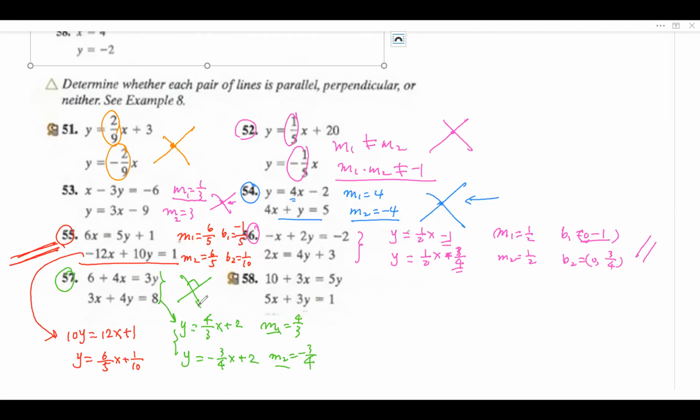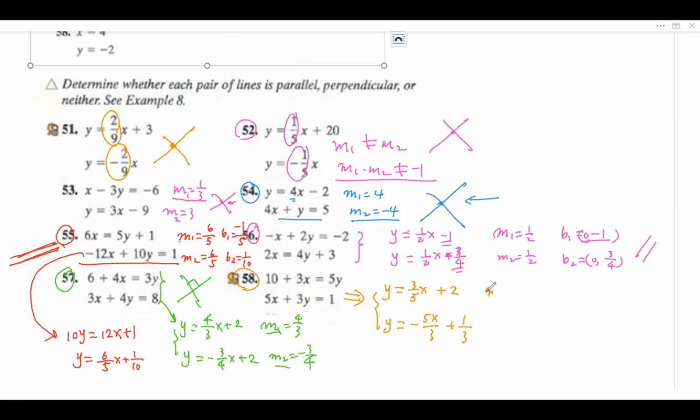All right, let's move on. 58. Do some proper transform first. So you can see the first one is y equals 3 over 5 x plus 2. The second one is -5x over 3, negative, and plus 1 over 3.